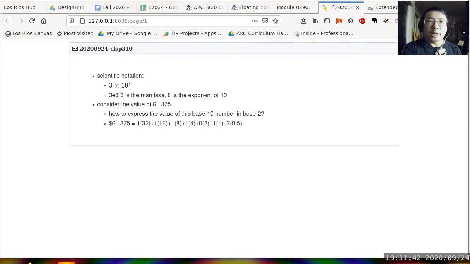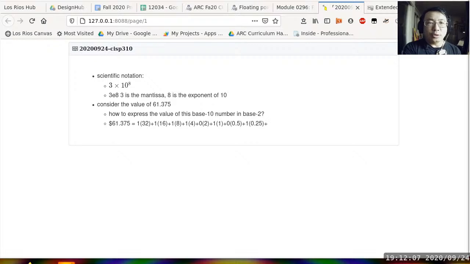So we ask, how many 0.5s do we have in 0.375? The answer is none. Now we move down to the next power of 2, which is 2 to the power of -2, which is known to us as 1/4, or 0.25. So now we ask, how many 0.25s do we have? And the answer is we got one of those.